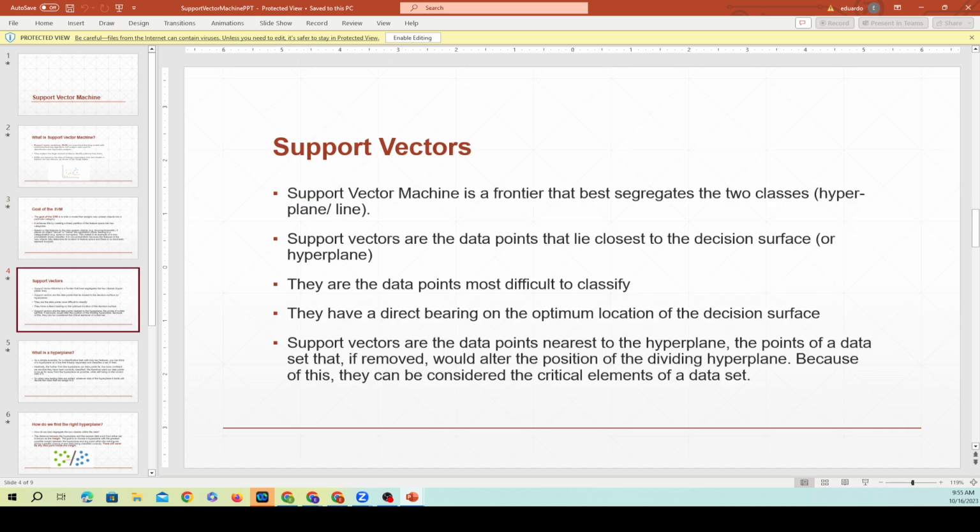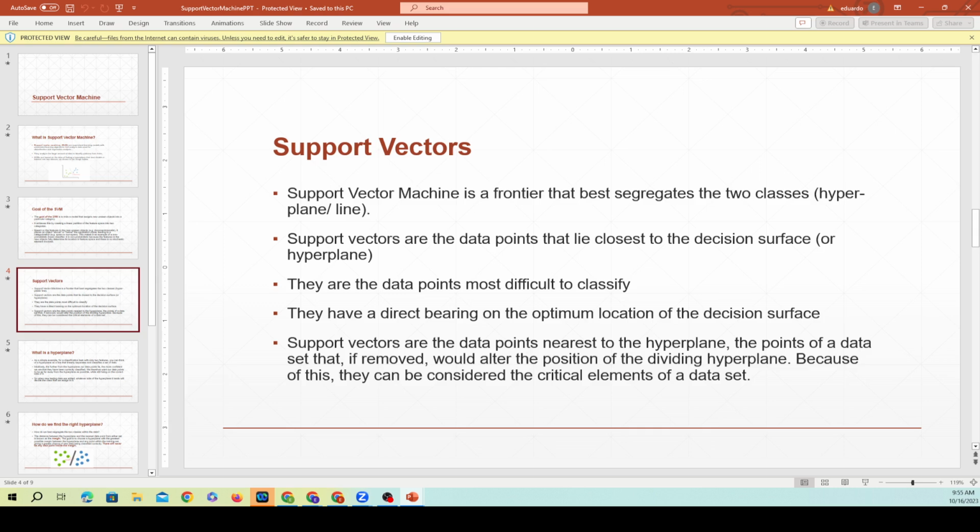A support vector machine is a frontier that best segregates the two classes: a hyperplane, a line. Support vectors are the data points that lie closest to the decision surface of the hyperplane. They are the data points most difficult to classify. They have a direct bearing on the optimal location of the decision surface.